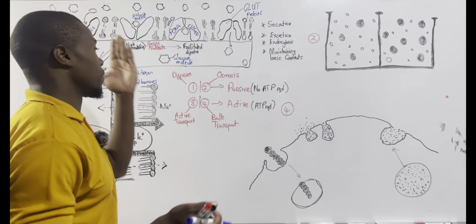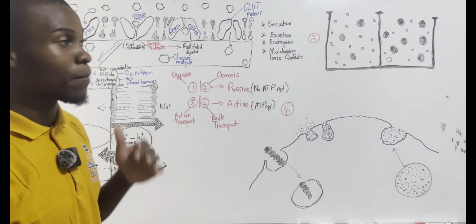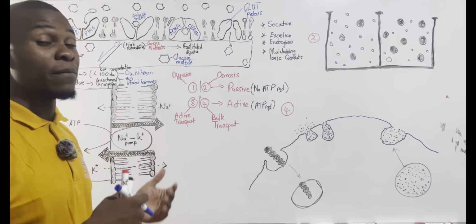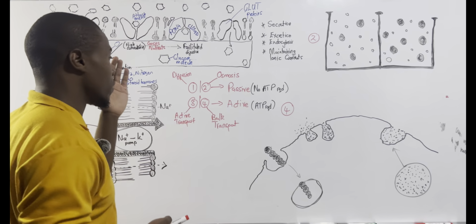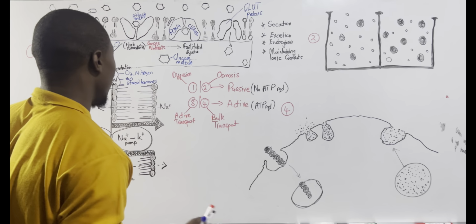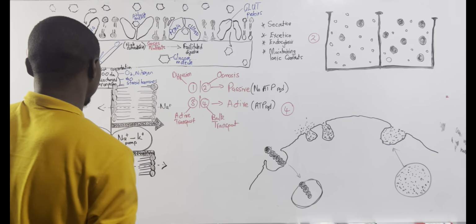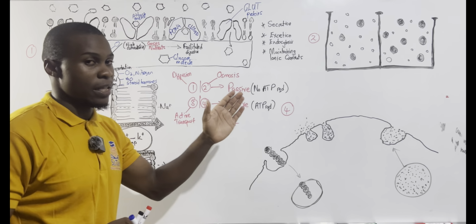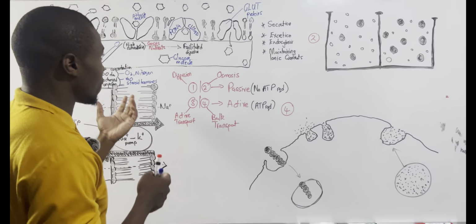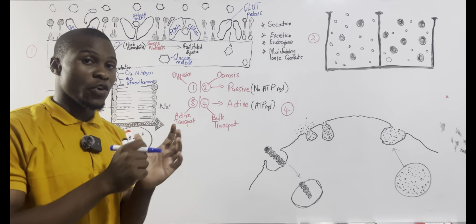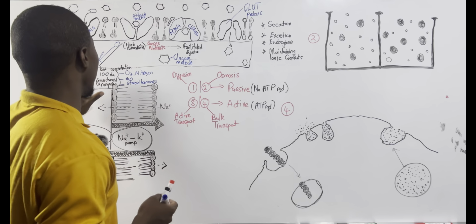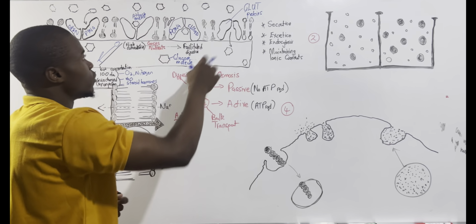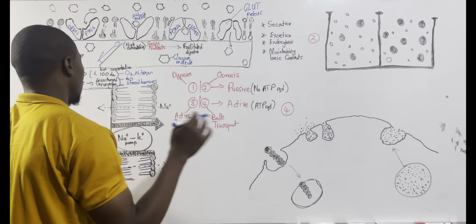However, for further extension, we're not going to mention that more, but GLUT transporter proteins have types 1, 2, 3, 4, based on the location of the cells. But remember, all cells require glucose. Now, this is basically what you need to know about facilitated diffusion. General diffusion, which is passive, is whereby the molecules are moving freely without the need of carrier proteins and channel proteins.